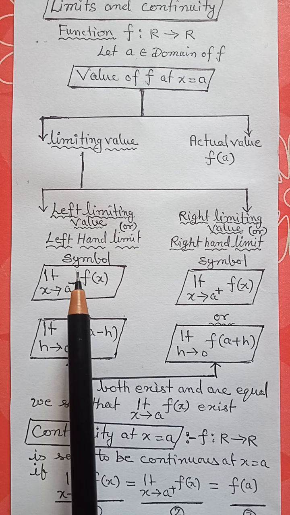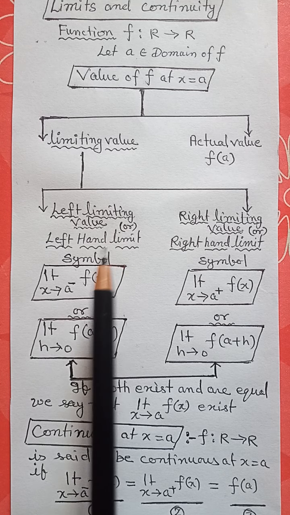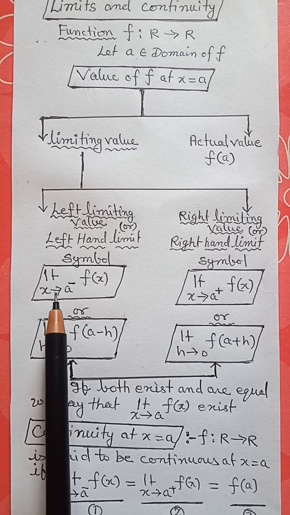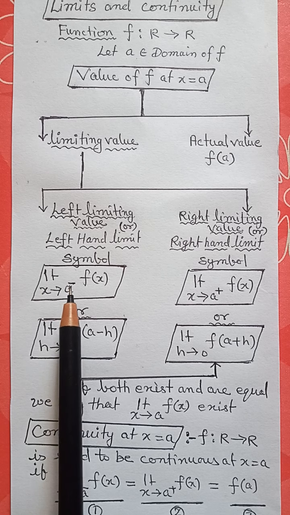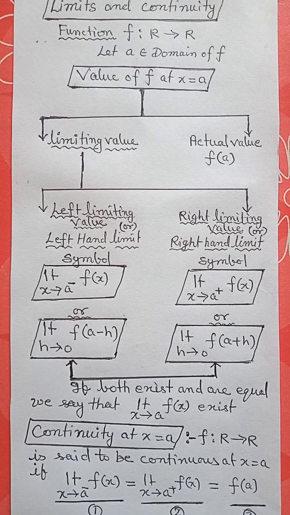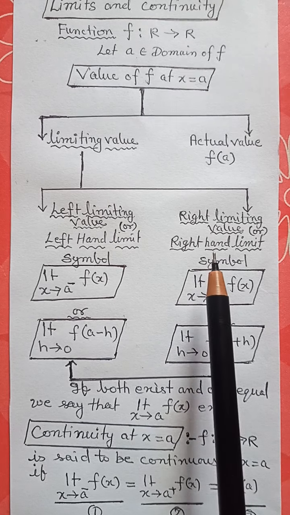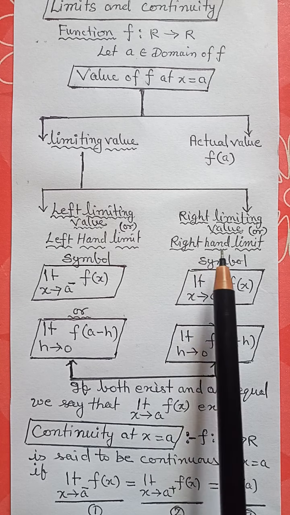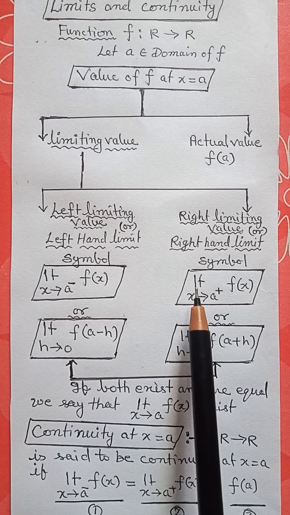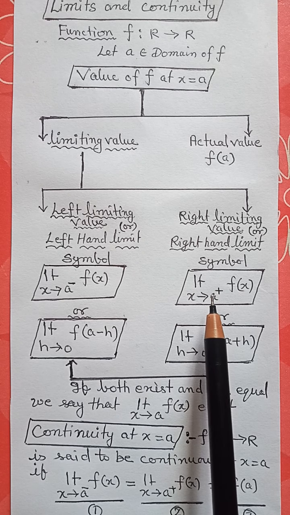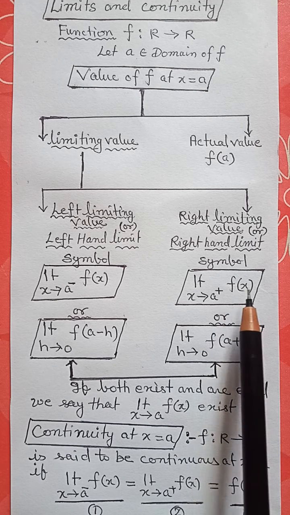The symbol for the left hand limit is limit x tending to a minus of f(x), and that of the right hand limit is limit x tending to a plus of f(x).